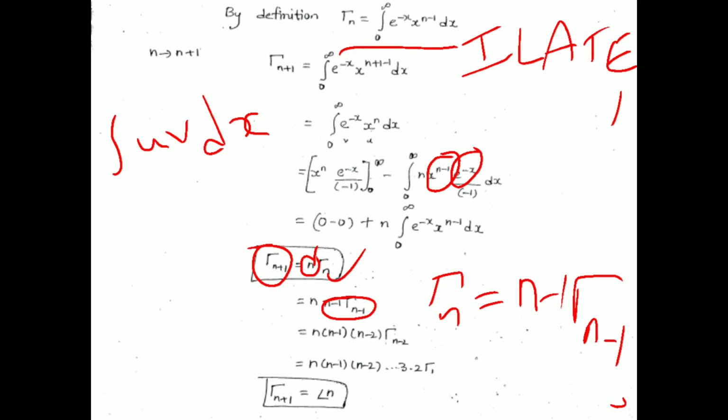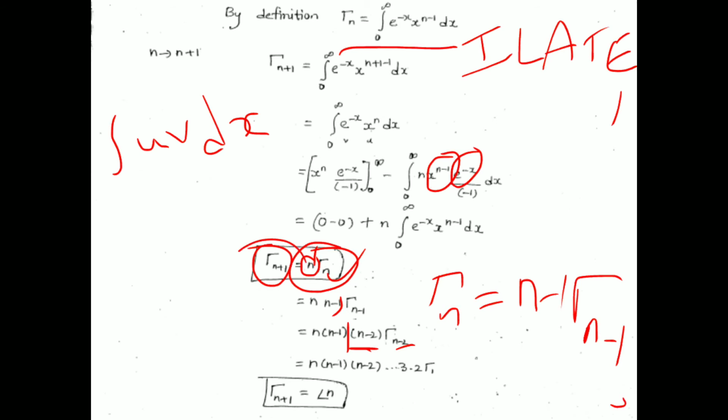Next, these two would be taken aside, so n into n minus 1. Next, gamma n minus 1 could be written as n minus 1 minus 1, that is n minus 2, gamma of n minus 1 minus 1, that is gamma n minus 2. So this formula needs to be applied repeatedly.